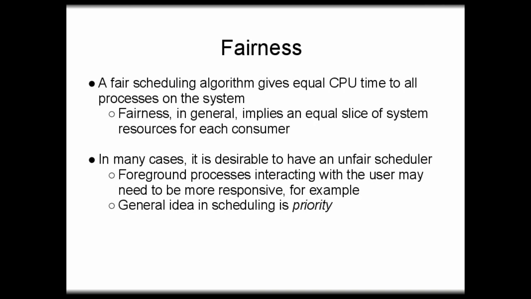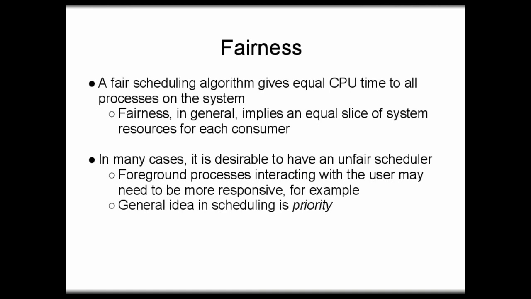One of the concerns of CPU scheduler design is that of fairness. A fair scheduling algorithm gives equal CPU time to all processes on the system. In general, this fairness implies that every consumer on a system receives an equal share of resources. In most cases, however, it is desirable to design a scheduler to be unfair.